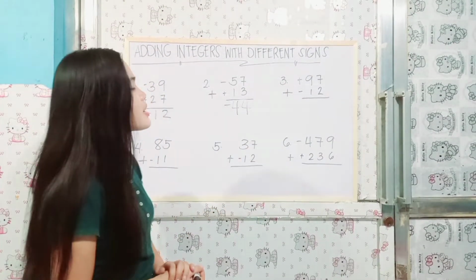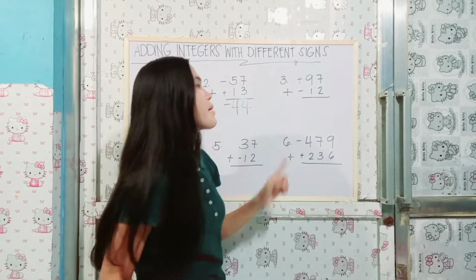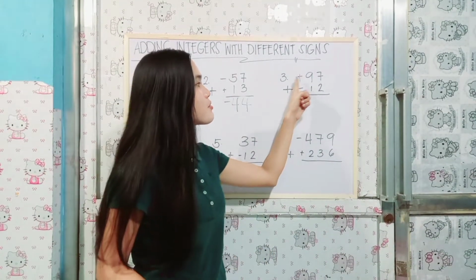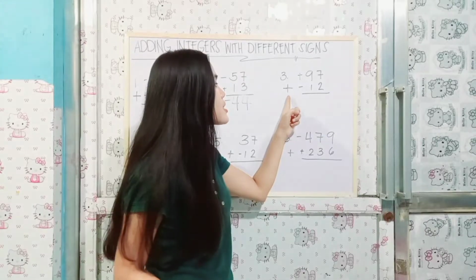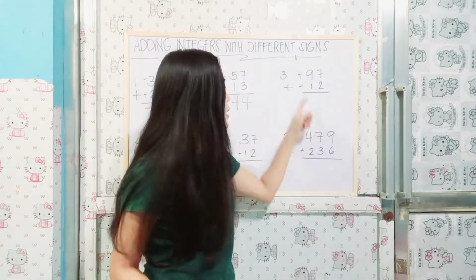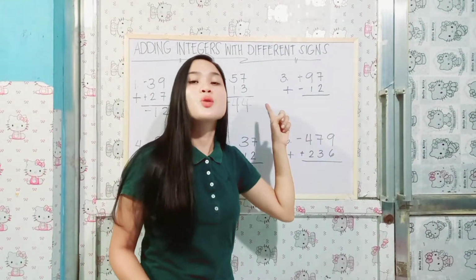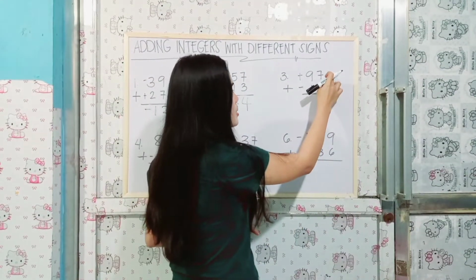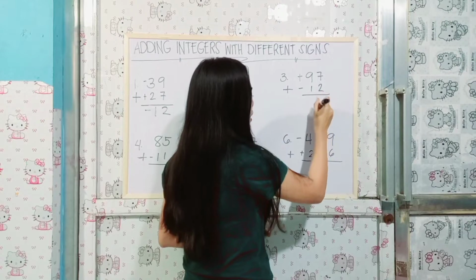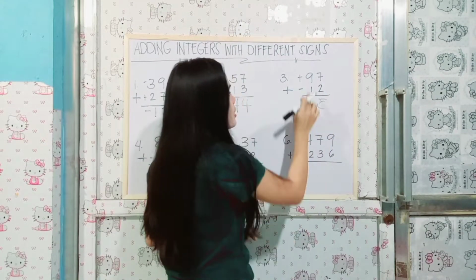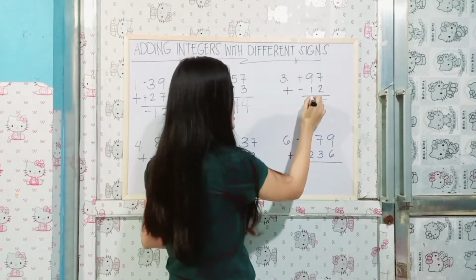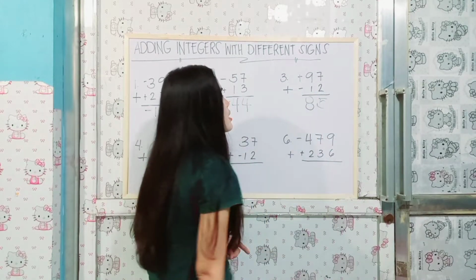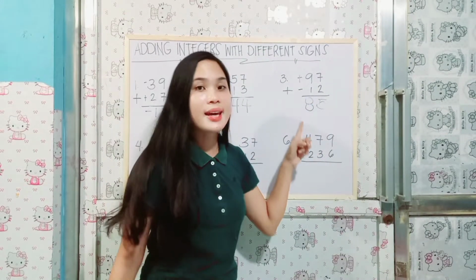Okay? Next, let us have this example. We have positive 97 plus negative 12. So again, they have different sign. So we will proceed to subtraction. So let's subtract. 7 minus 2 is 5. 9 minus 1 is 8. And then let us look at our addends.